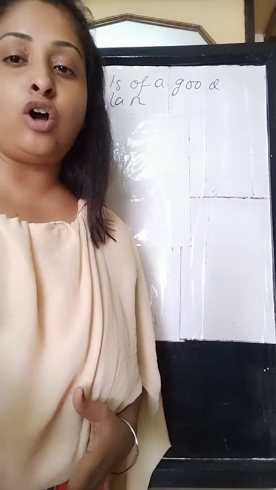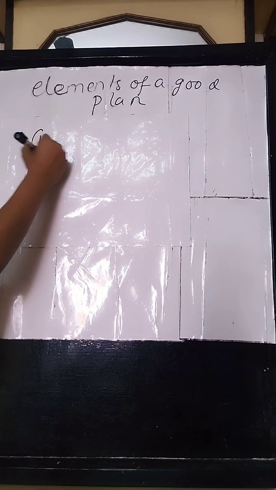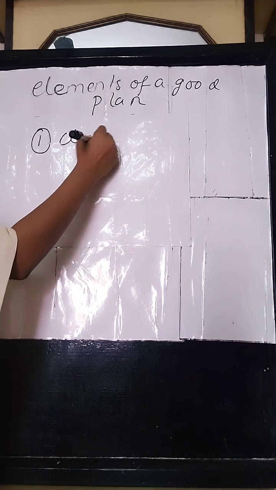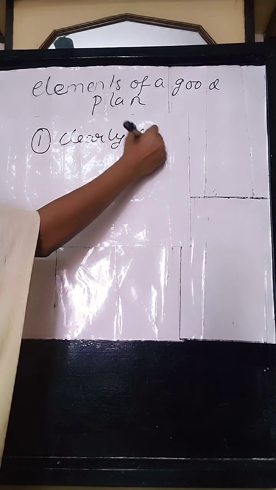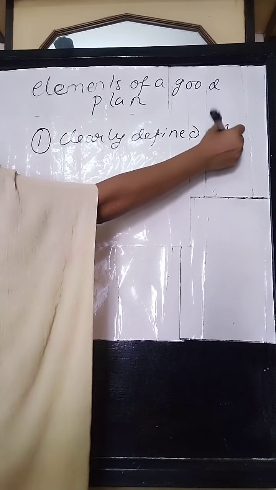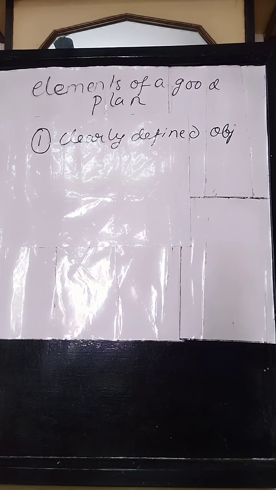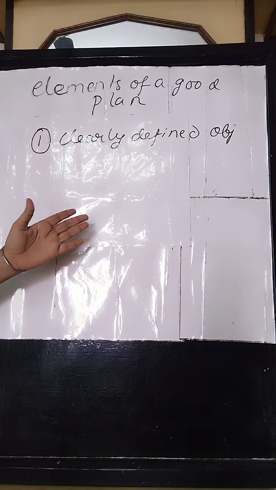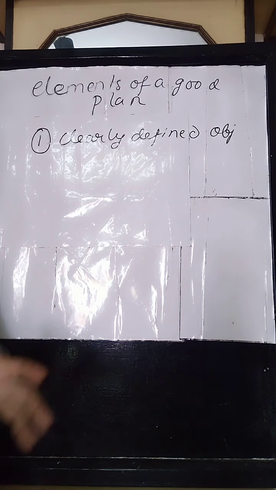First is clarity of objectives. Clarity of objectives means clearly defined objectives. Plans should be based on clearly defined objectives. Plans should be made and implemented for achieving certain objectives.